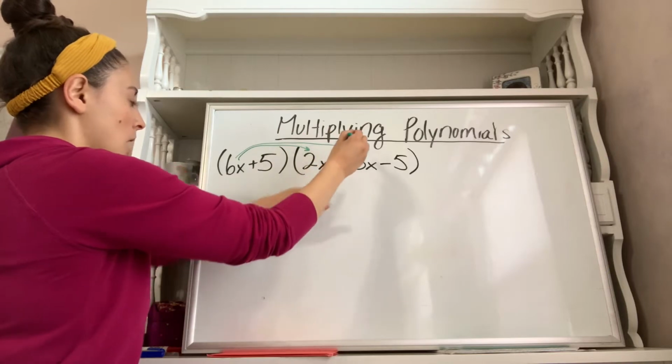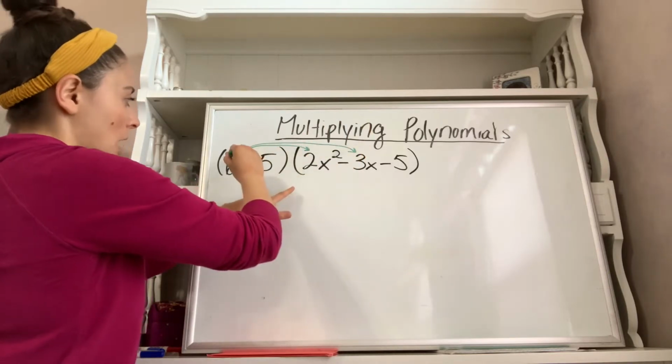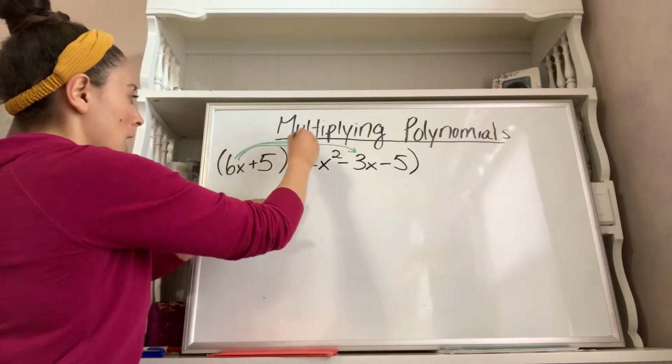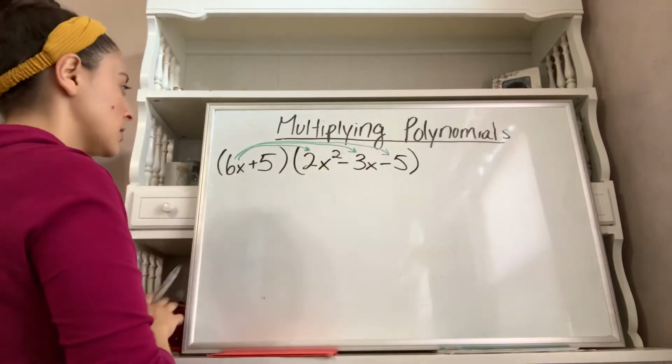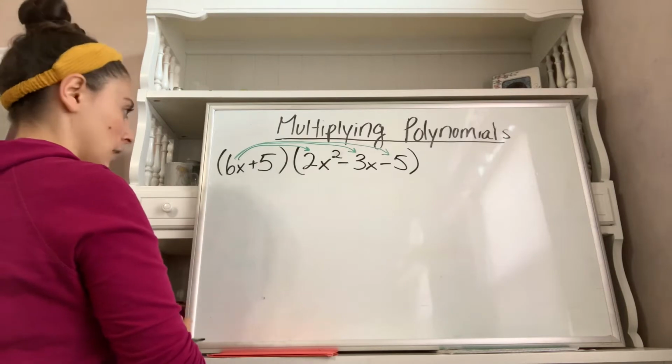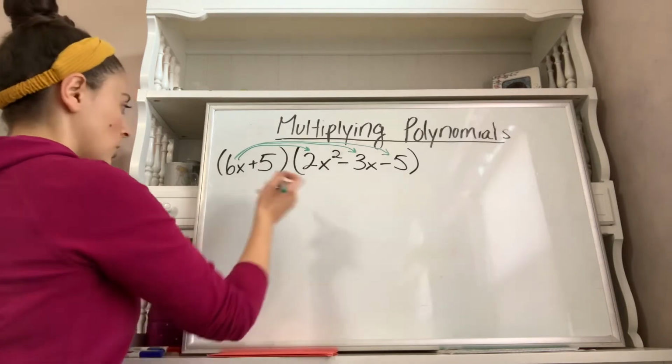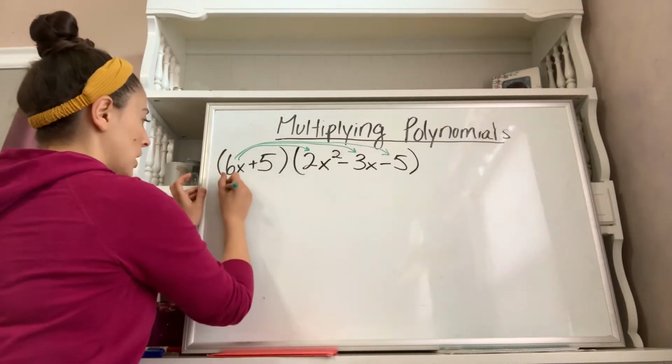So, again, ignoring the 5, it's going to become 6x times 2x squared, 6x times minus 3x, and 6x times a minus 5 or negative 5, okay? So we can write out all of that multiplication.